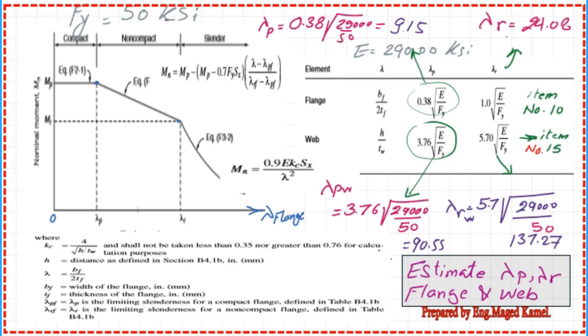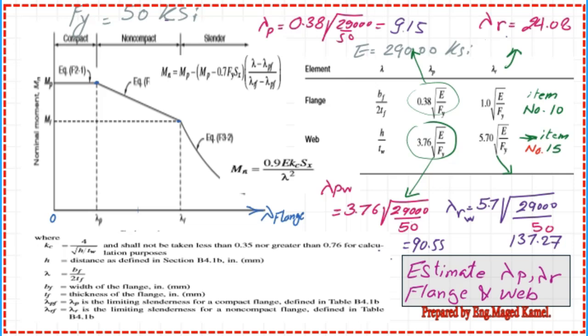The lambda B for the flange equals 0.38 multiplied by the square root of 29,000 divided by 50, which is equal to 9.15. The lambda R for the flange equals 1 multiplied by the square root of 29,000 divided by 50 equals 24.08.